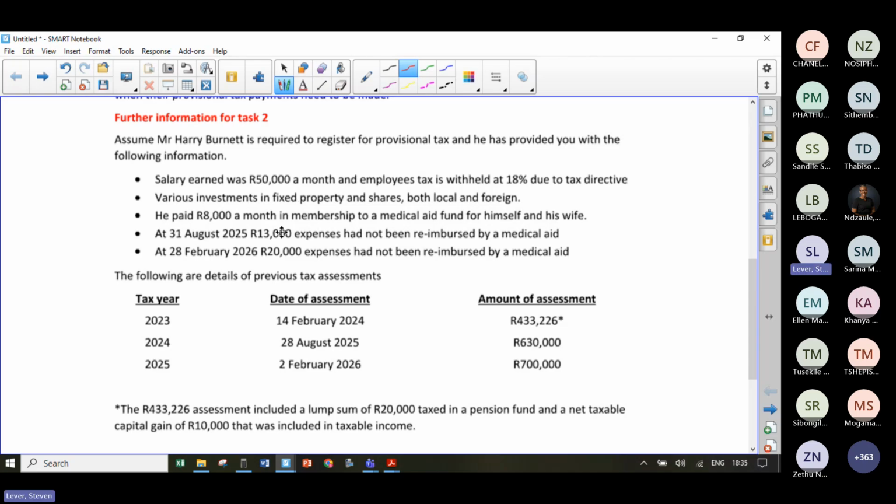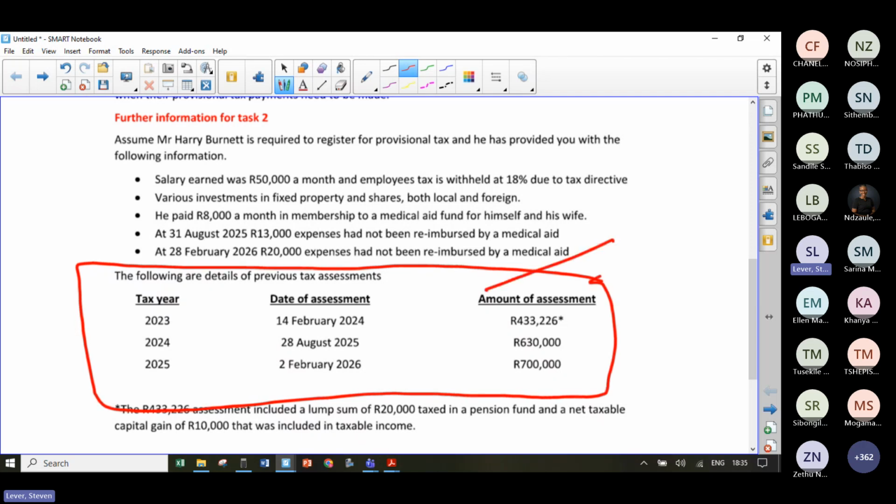At 31 August, 13,000 of expenses have not been reimbursed by medical aid. At 28 Feb, 20,000 of expenses have not been reimbursed by medical aid. And here are the following details of previous tax assessments. So guys, to calculate a basic amount, let me go through what the definition of a basic amount is.